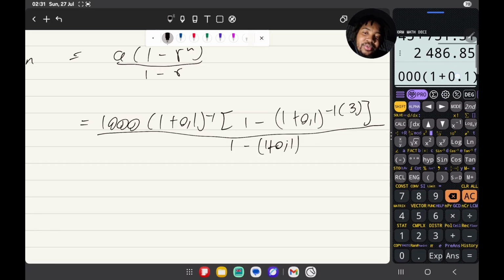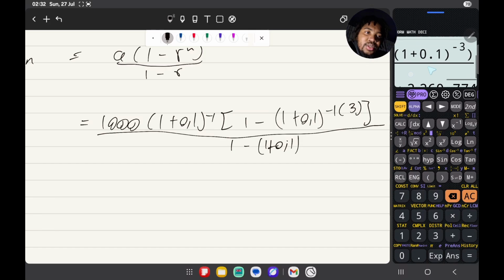I have my 1000 rand, and it's 1000 into this, to the power of negative 1, multiplied by this into 1 minus (1 plus 0.1) to the power of negative 3. So I have 1 plus 0.1, and the exponent is negative, so it's going to be negative 3.